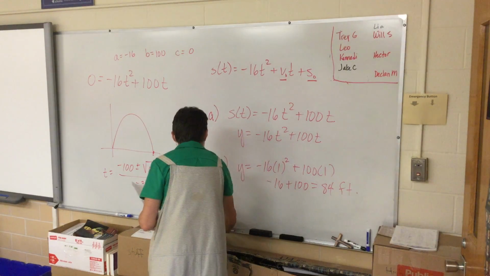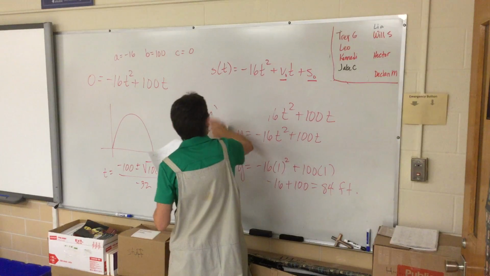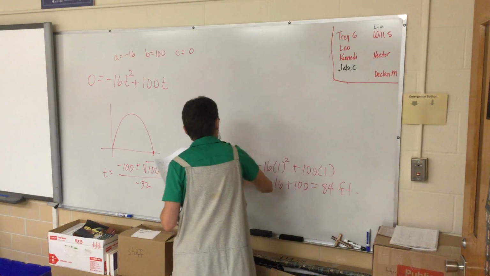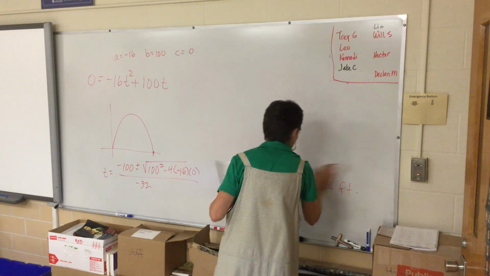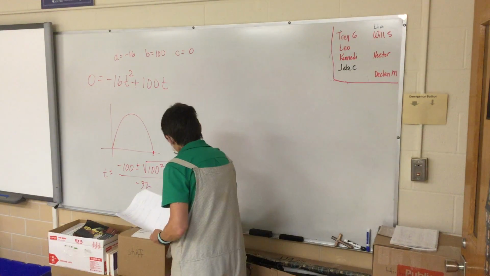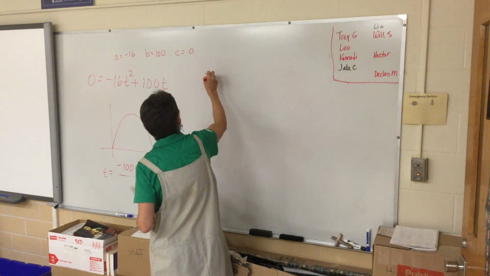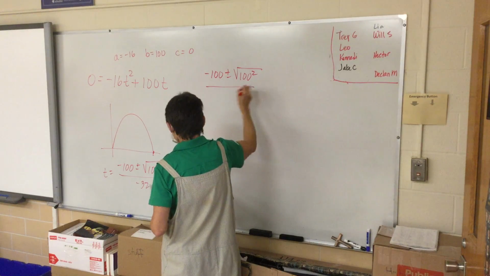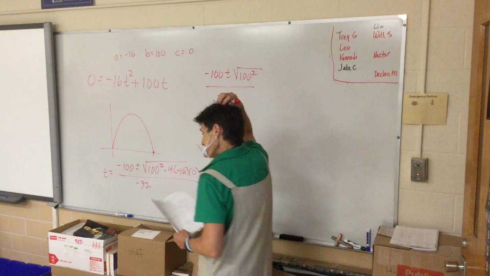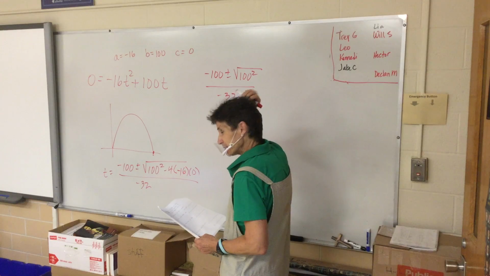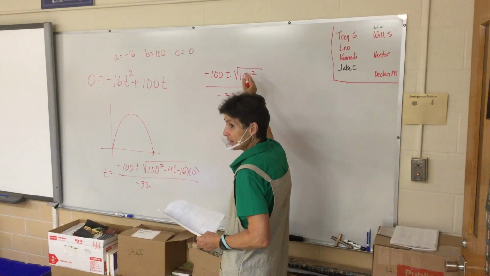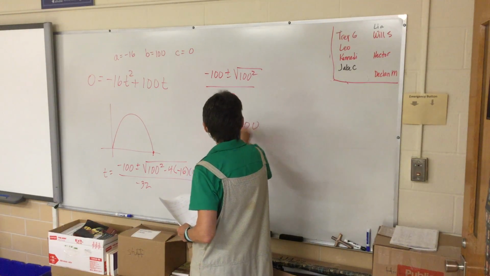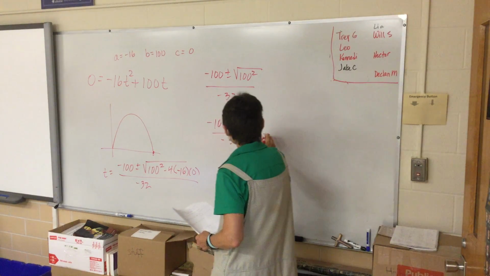So I'm just using the regular numbers. I didn't divide out anything. But this all just comes out to be 0. So I have negative 100 plus or minus the square root of 100 squared. What's the square root of 100 squared? That's just 100, right? So that's going to be negative 100 plus or minus 100 over negative 32.